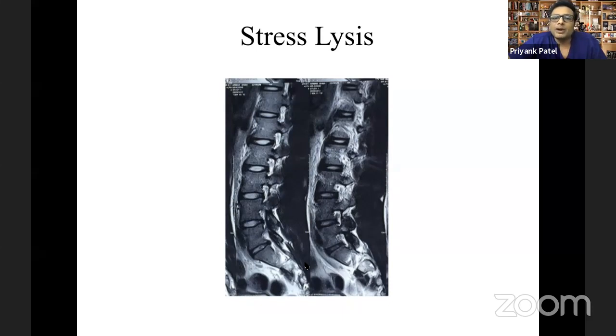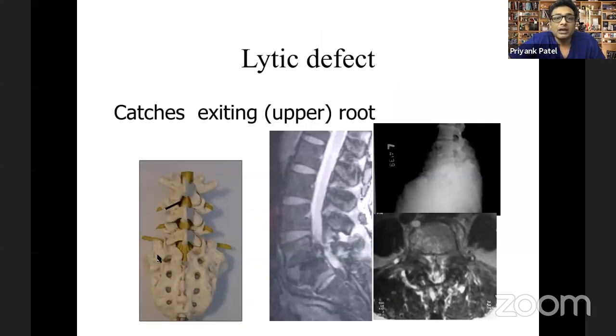You might not be able to identify that on an MRI, but because of the break, when this becomes unstable and starts shifting, that is the time you will be able to make it out, because you'll see the spine is shifting, the alignment is distorted, and the defect in the pars is then easily identified.